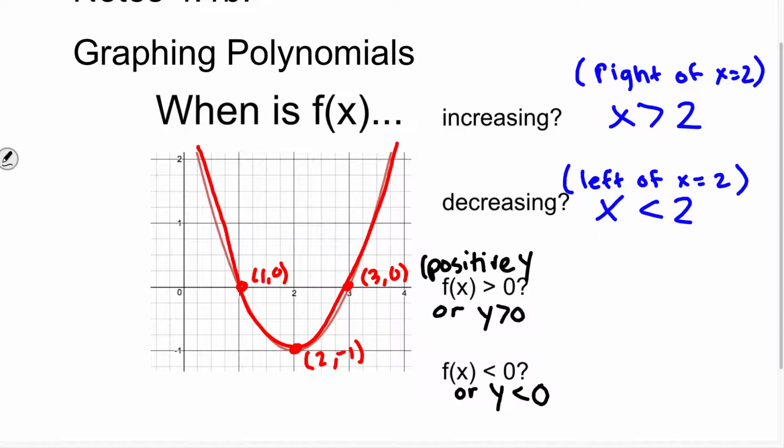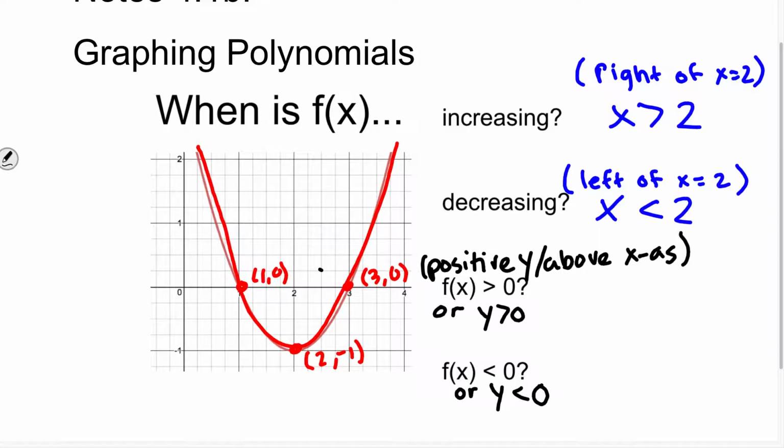These are all the positive y's because I go up, and if my y is negative, I go down. So positive y's, or you might be thinking above the x-axis. So when is y greater than 0? Really at two places, isn't it?